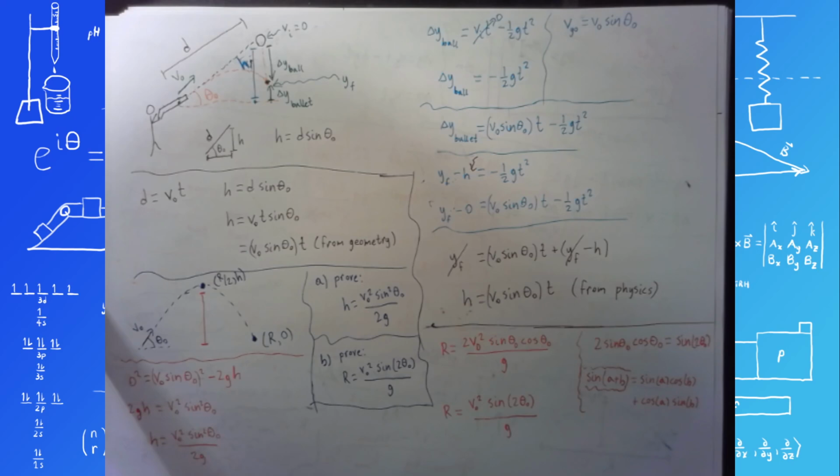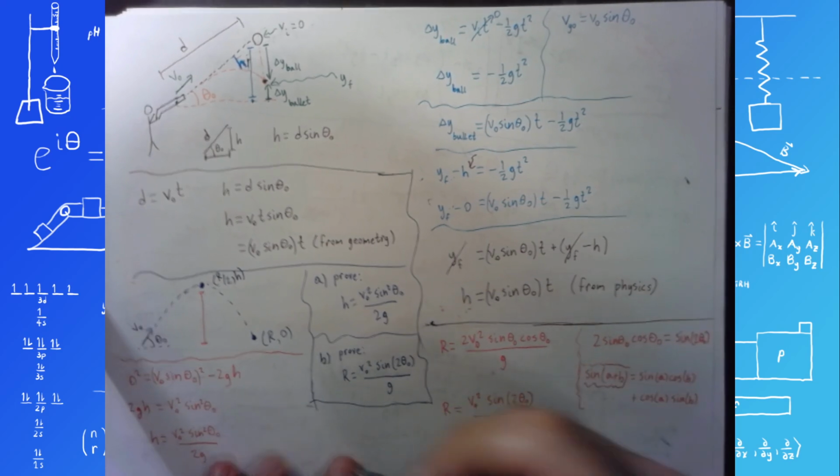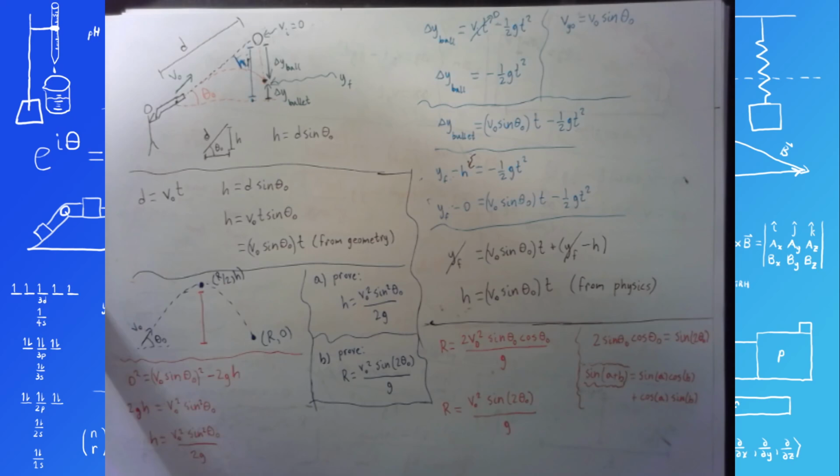And 40 and 50 would give me the same, and 20 and 70 would give me the same, and so on and so forth. The proof of that relationship is in this sine of 2 theta. So if you know your pre-calculus, then follow along with me here.